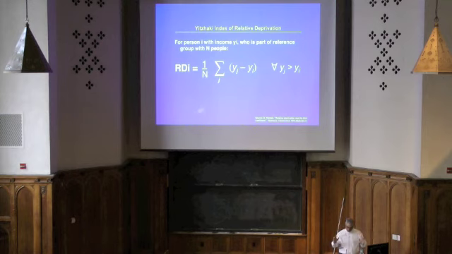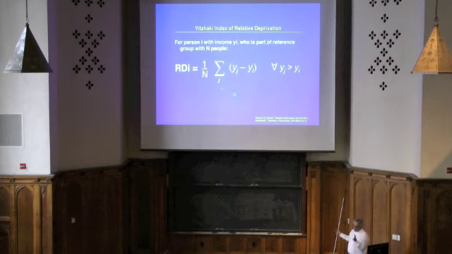I'm not going to ask you to reproduce this equation, but you need to understand the basic idea. This is the Christakis index of relative deprivation. For each person I, with income Y sub I, who is part of the reference group of n people, you take the income of every individual Y sub j who is more than Y sub I, and you compute the difference between my income and the income of everyone that's richer than me.